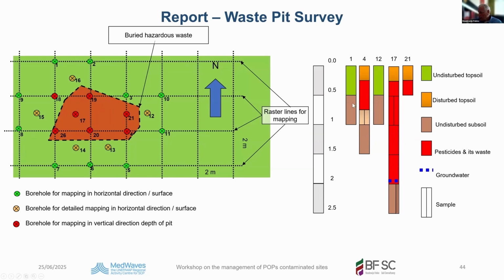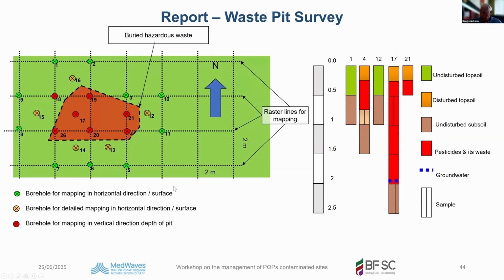And here are the bore logs with the legends: undisturbed, disturbed, undisturbed, subsoil, and pesticides. And here this is borehole 17, and the depth around the pit was around 2 meters, and the groundwater was also seen at 2 meters. So they have been digging a pit until they reached the groundwater, and they have been filling it.